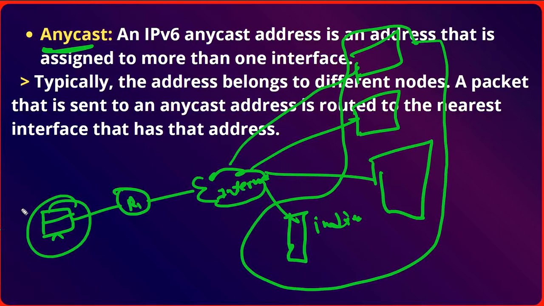If I ping from India, my request will go to the India server, and it will generate a reply. If this server does not generate a reply, then my request will go to another server. So if I send a packet to an anycast address, my packet will reach my nearest destination. This is the use of anycast address.